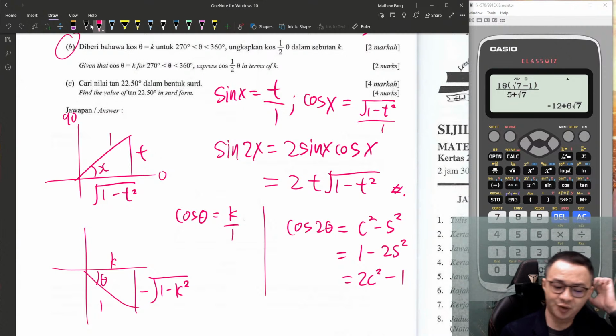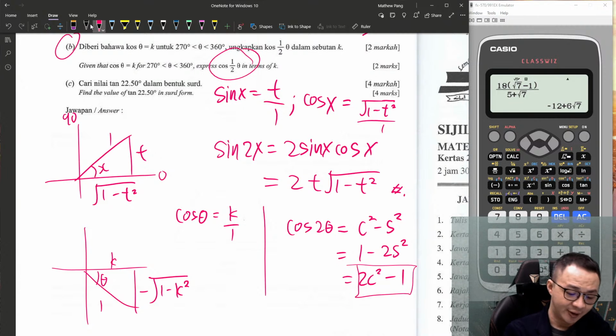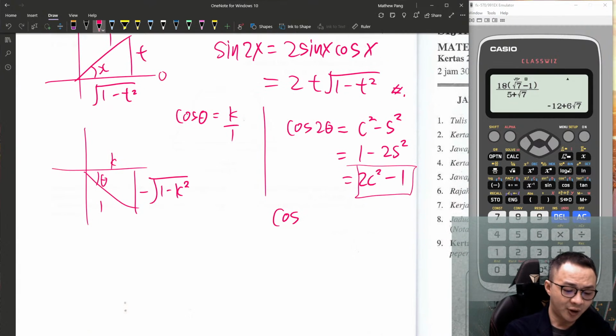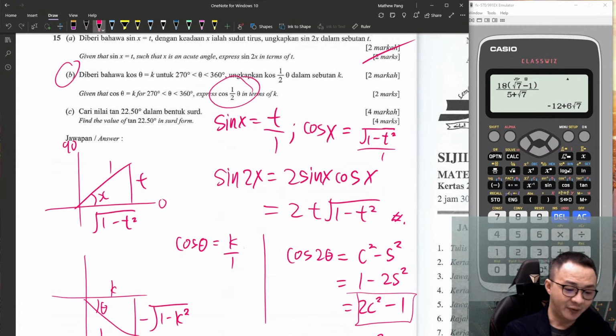So we have 3 choices here for double angle of cos. Since I want to get cos half angle, I will choose the third option. Okay, so let me write it nicely. So cos 2 theta equals 2 cos square theta minus 1.